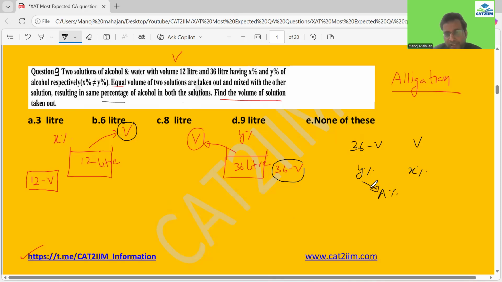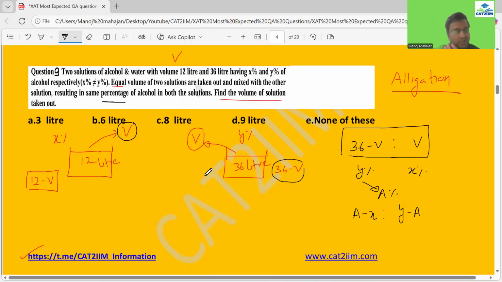If I do the alligation, which you should know for sure, Y minus A I'm going to write on the right hand side, and A minus X on the left hand side. This ratio should be nothing but the ratio of the volumes which I have.